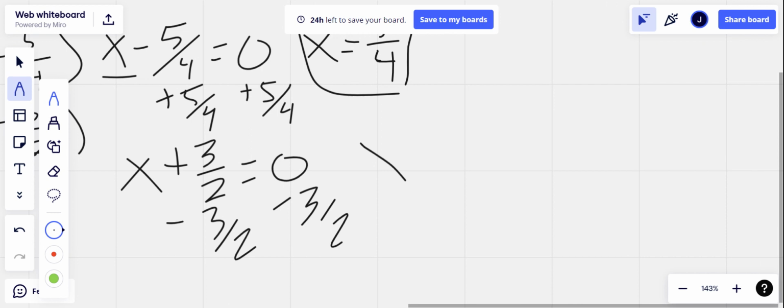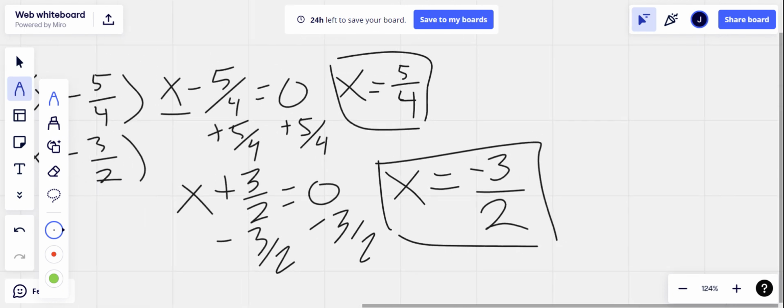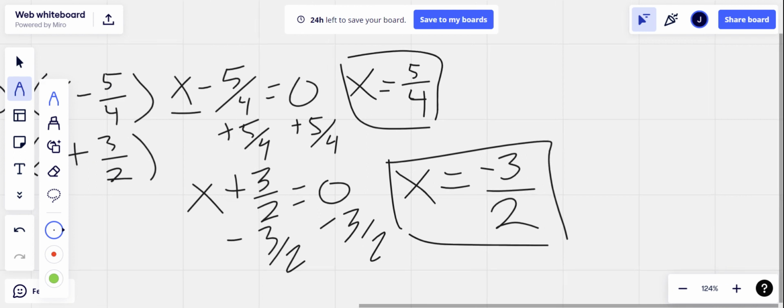I have x equals negative 3 over 2. That is my solution. And that is how you do that. So this parabola, this quadratic equation, it passes the zeros at x equals 5 over 4 and x equals negative 3 over 2. Those are your solutions.